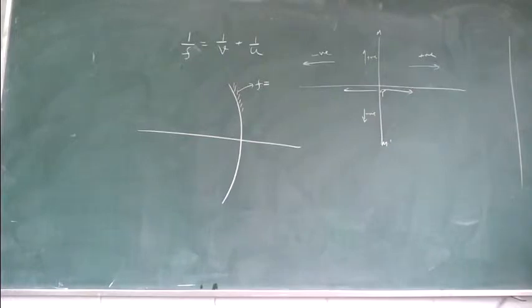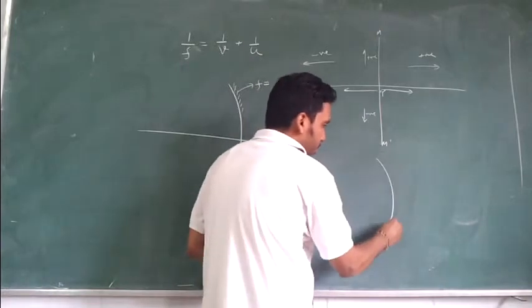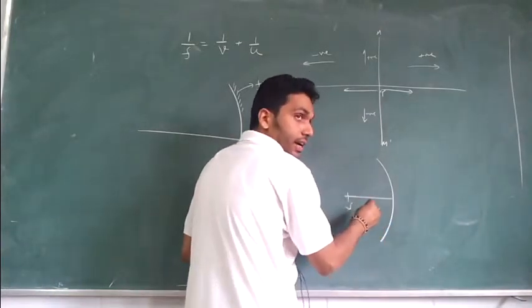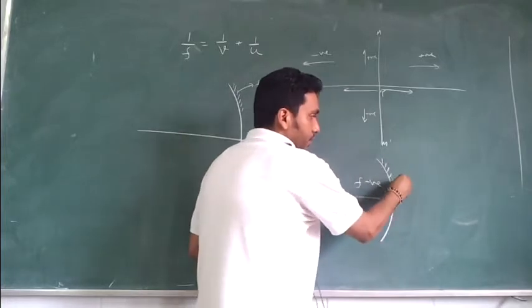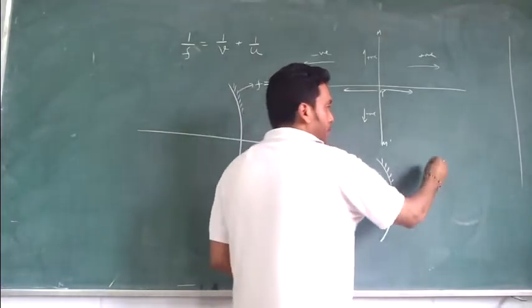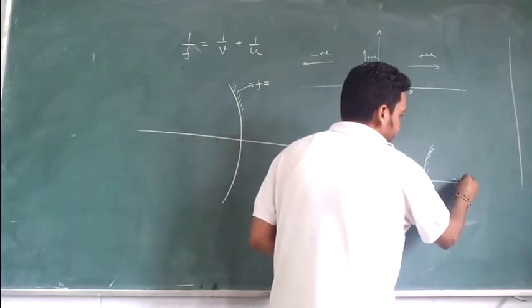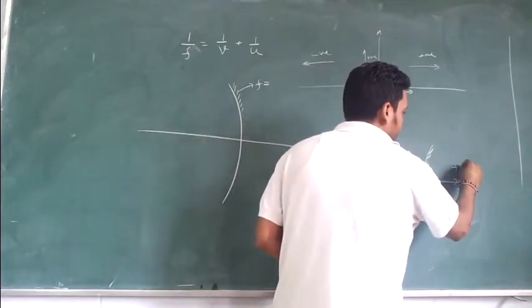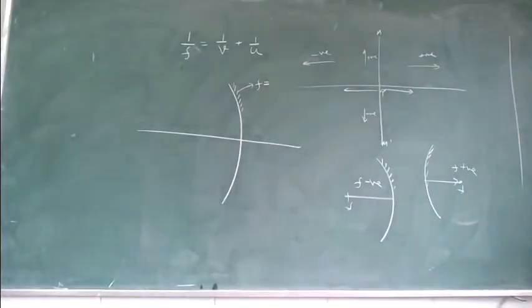Minus. Very good. For concave mirrors, the focus is this side, hence f is negative. Just remember that. And for convex mirrors, f is that side, hence f is positive. No question about that. These are the conventions.